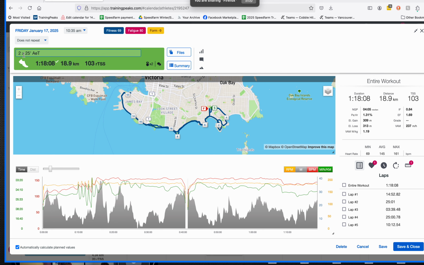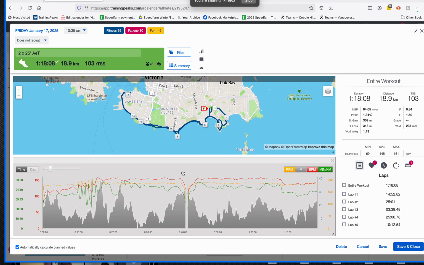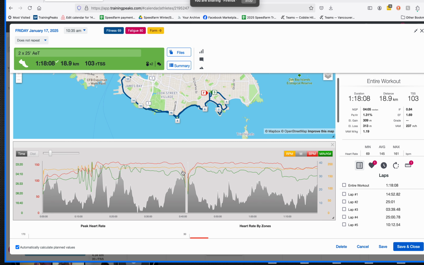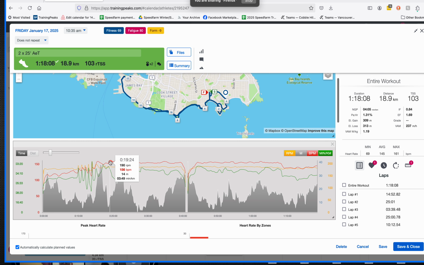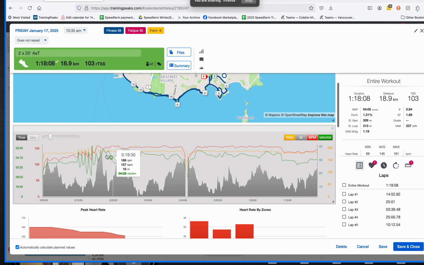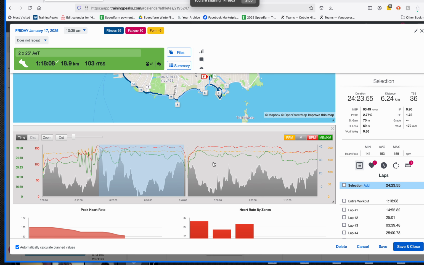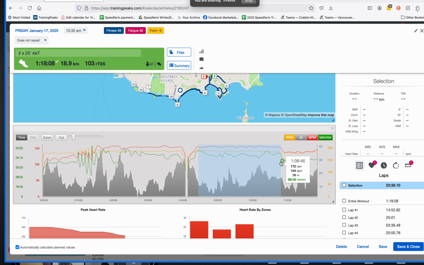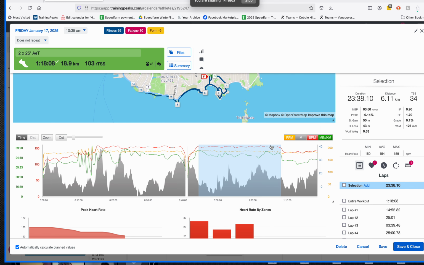So in this case, Martin had two 25-minute chunks at aerobic threshold. So this shows heart rate, pace, and cadence. The gray is elevation. So you can see as I roll over the graph, just even roughly, you can eyeball, I'll click and drag, where his first aerobic threshold chunk was probably, and roughly where his second one was.